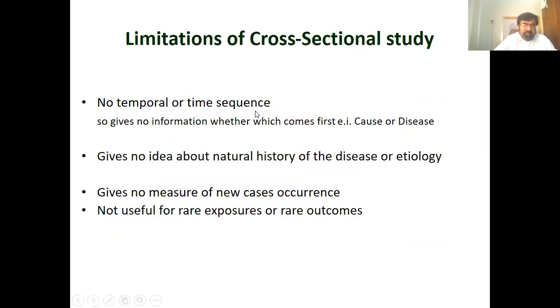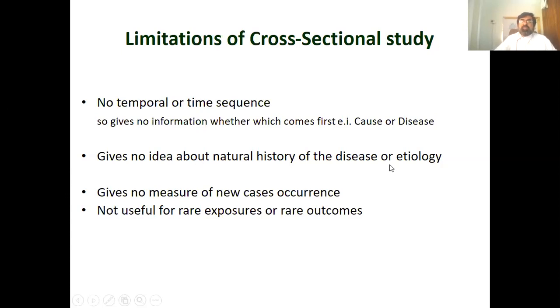When you spend the time, as in an analytical study design, for example a cohort design, you will know that this was the factor and this was the disease, so you know which comes first and which comes later. And you will also know the association between the factor and the disease. So it needs time. In prevalence studies, you don't spend time with the people, so you cannot establish any temporal association between the factor and the disease.